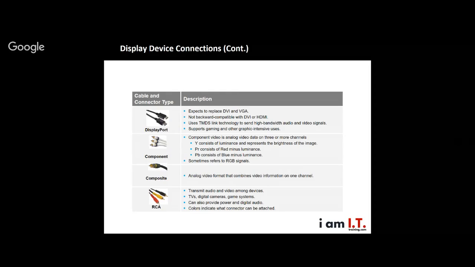So the yellow is for various composite connections, is what they describe it as, meaning that it's going to transmit video. Your red is for the right channel audio, and your black or white is for the left channel audio. So you have yellow for video, and the red for right channel, and your black or white for your left channel.